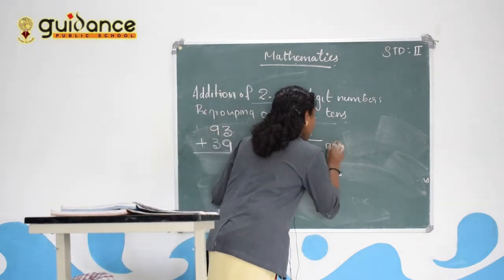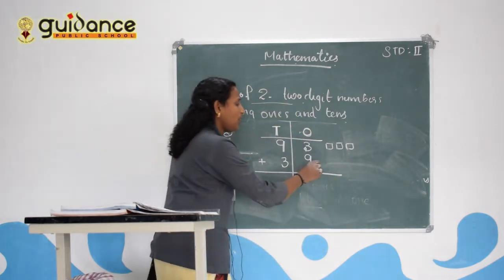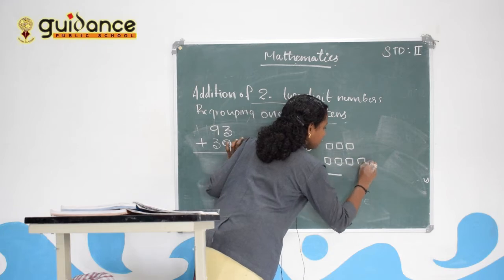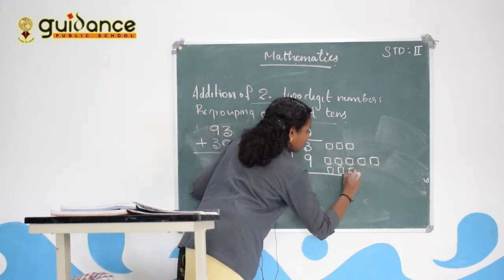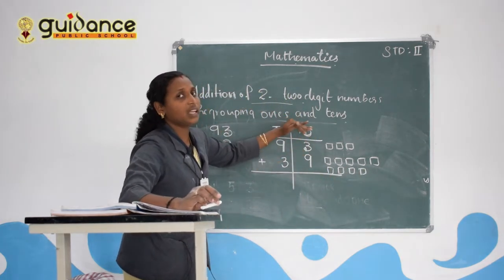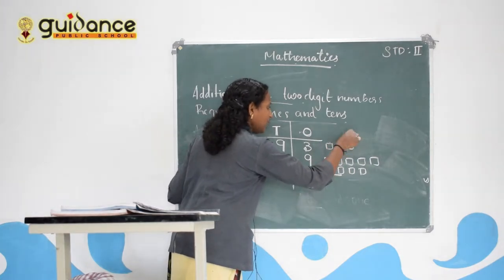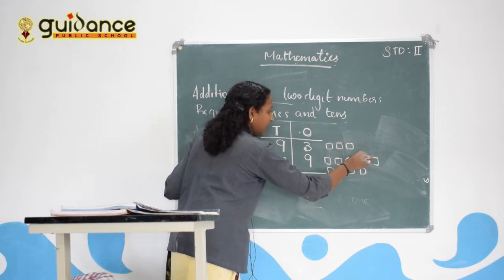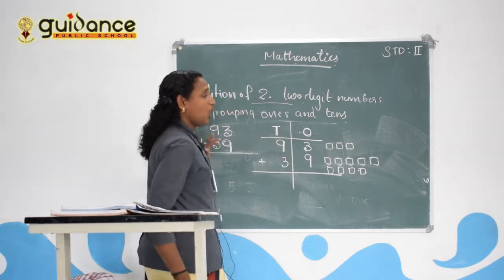Then add 3 plus 9. That means how many ones? It has 3 ones. How many ones? 9 ones. Add the ones. That means add 3 and 9. Count 1, 2, 3, 4, 5, 6, 7, 8, 9, 10, 11, 12. How many ones?